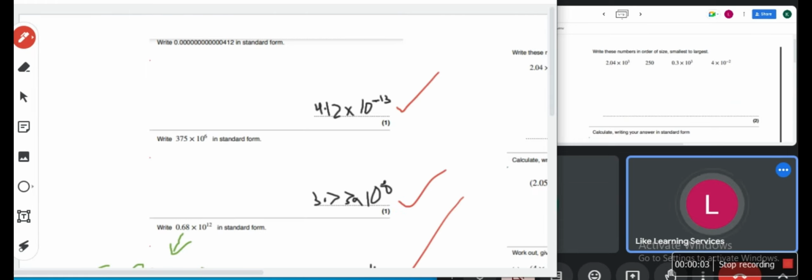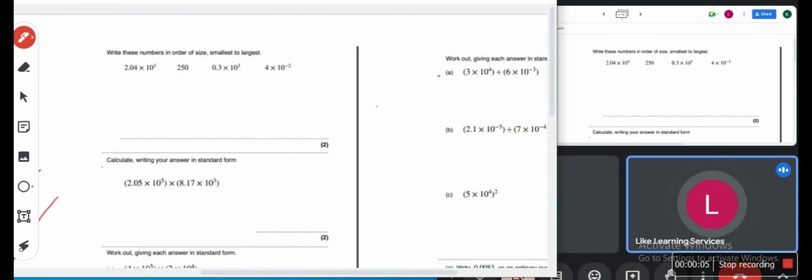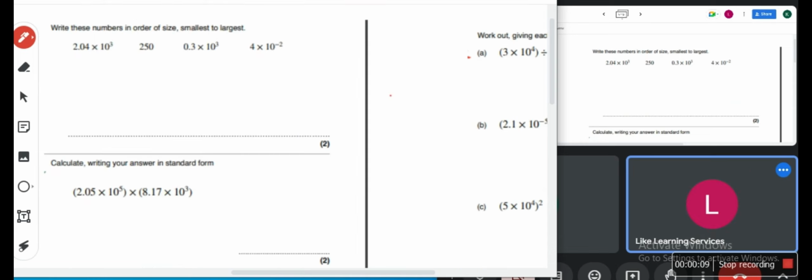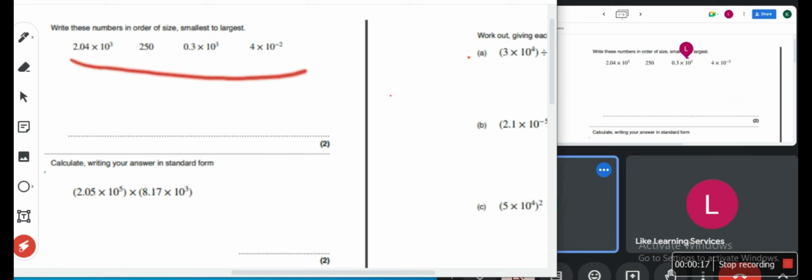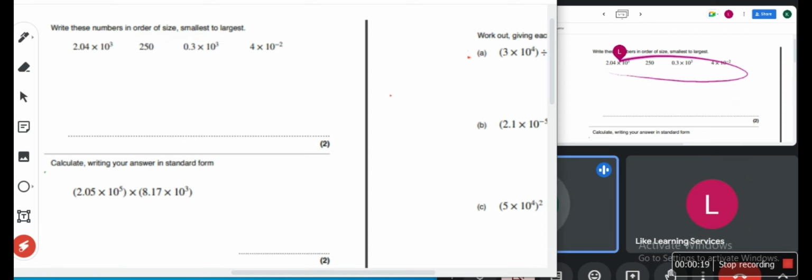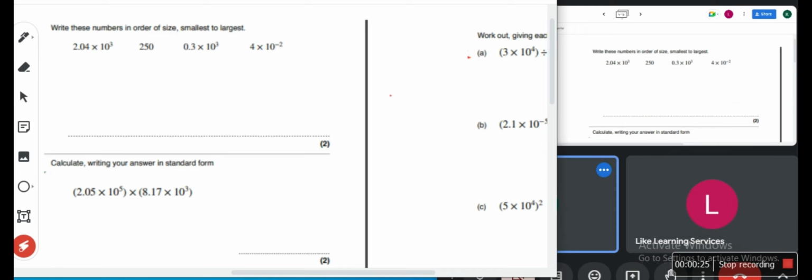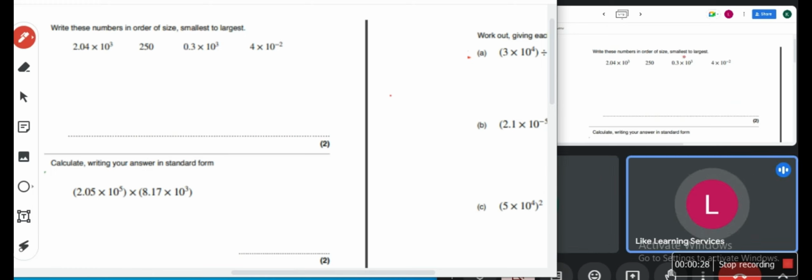All right. The question says, write these numbers in order of size. Okay, you said the smallest one is what? Smallest one is the last one. 4 times 10 to the minus 2. Followed by, anyway, we can write them out to know what they are.